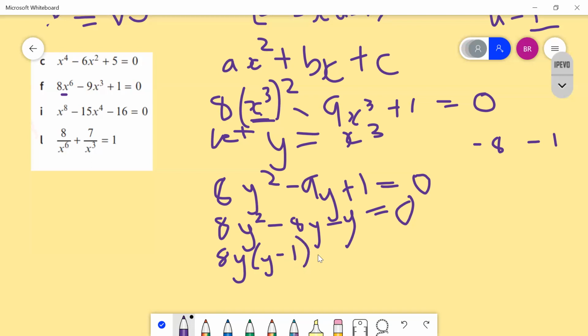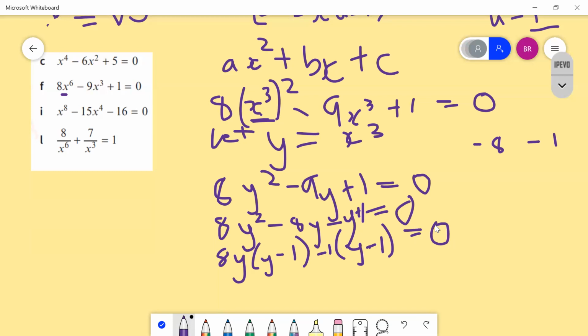Then, sorry, there's a plus 1 that I left out. I'm going to have minus 1 outside the brackets, which is the only common factor here. Then I put a y, because in order to have a plus 1, minus 1 must be multiplied by another minus 1, and we get the answer 0.